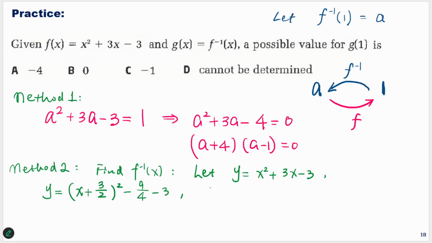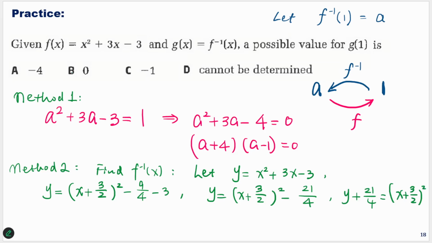So this gives us y equals x plus 3 over 2 squared minus, then we have 21 over 4, right? Yeah. Which means y plus 21 over 4 equals x plus 3 over 2 squared. So this means x plus 3 over 2 is either positive or negative.